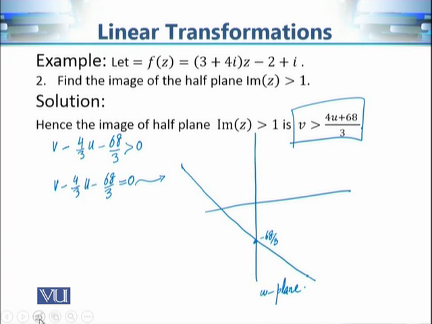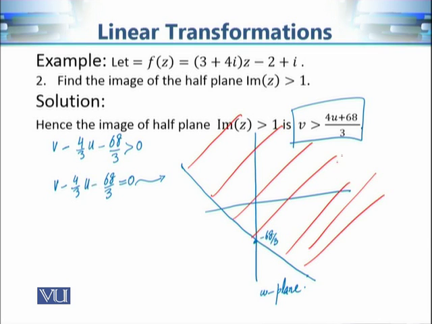So in other words, our answer is going to be this part. These are all the points where v is strictly greater than 4u plus 68 by 3. So this is the geometry of our image.